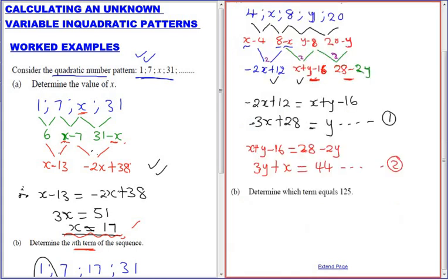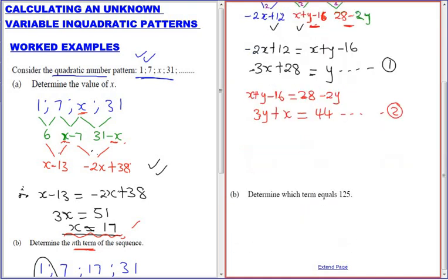So after you get your 2 equations, now you can solve them simultaneously. Most of you do not struggle solving equations simultaneously. You equated any 2 of your second differences and you got your 2 equations, this one and that one. So in place of y, wherever I see y like there, I'm going to substitute equation 1.